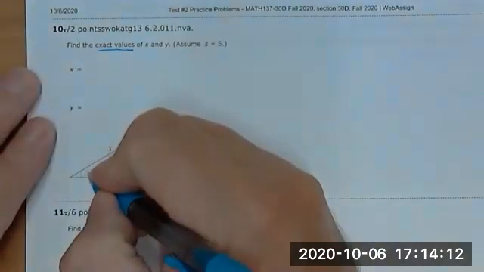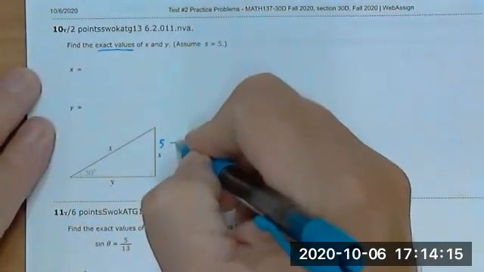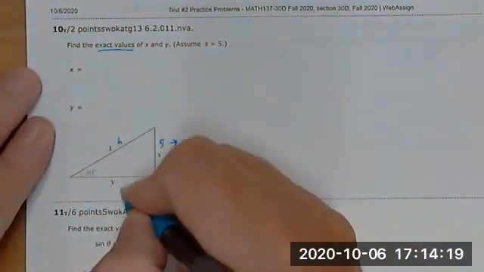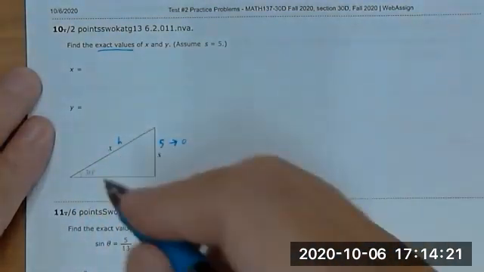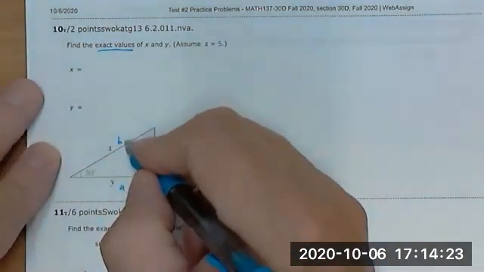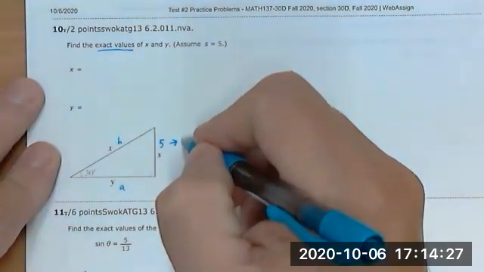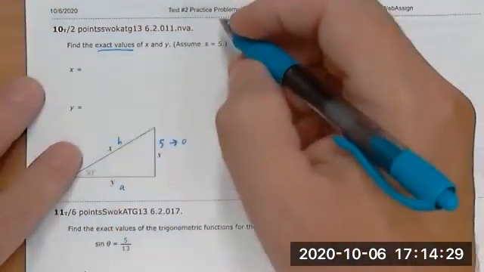So 30 degrees, this side is like the opposite, right? And this is my hypotenuse, and this is my adjacent. If I want to find x, what's the trig function that relates the opposite side to the hypotenuse? It's the sine, right?